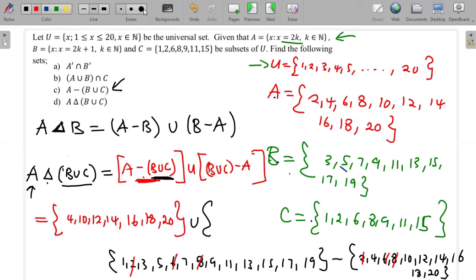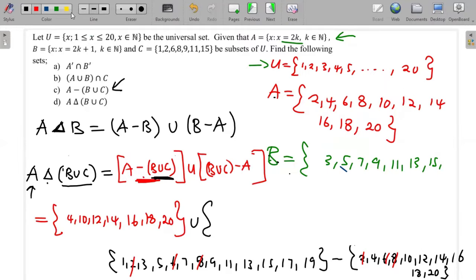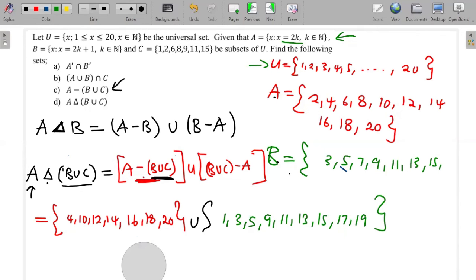So meaning that I'm just going to remain with what? I'm going to remain with the 1, 3, 5. Okay, and then I go to 9, 11, 13, 15, 17, and then 19. Okay, and that one now will help me find the answer. So the answer to the A symmetric difference with this will just be the union of these two.